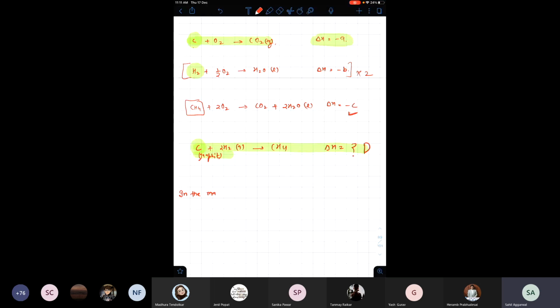In the main equation, we want 2H2. So we multiply the second equation by 2. First step.